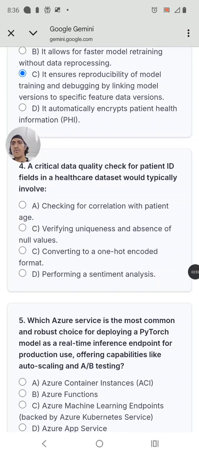Let's look at number 4. A critical data quality check for patient ID fields in a healthcare dataset would typically involve checking for correlation with patient age, verifying uniqueness and absence of null values, converting to a one-hot encoded format, or performing a sentiment analysis.